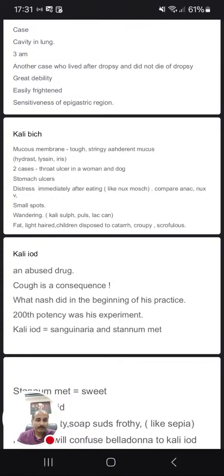Dr. Nash compares Kali bichromicum with Nux moschata and also with anacardium and Nux vomica. So you will have to finely differentiate the modalities. Is it aggravation immediately after food, or 2 to 3 hours after food, which is going to cause the distress to the patient? That's where you can think of, immediately after food, Nux moschata, Kali bichromicum.